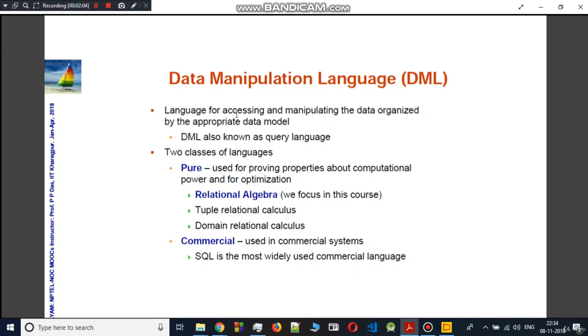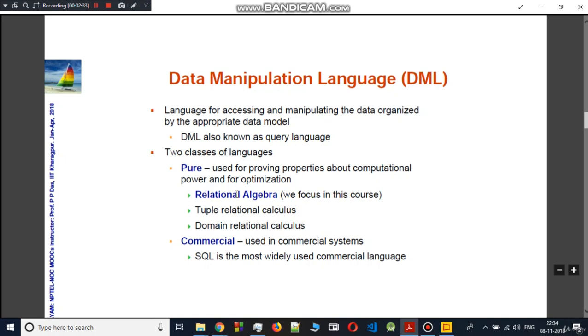There are two classes of language: pure and commercial. Pure is used for providing properties about computational power and for optimization. Commercial is used in commercial systems, and SQL is the most widely used commercial language.